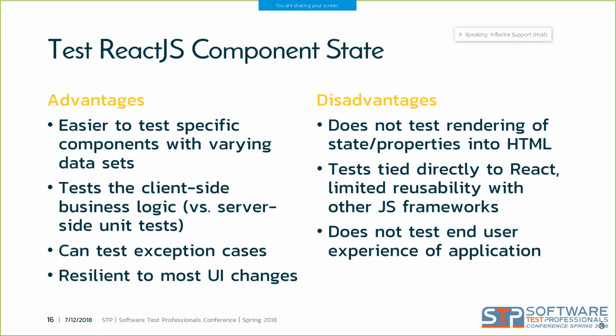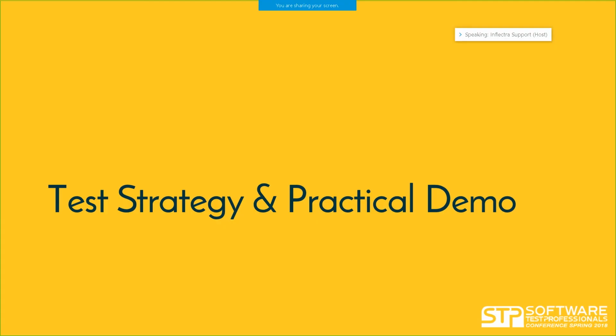It doesn't test the end user experience, but it does test some really important things that are quite hard and complex to test if you try and do it in the browser DOM directly. So it takes some of the ability of doing unit testing and pushes it into the browser. So that's really the four options you have for a React application.